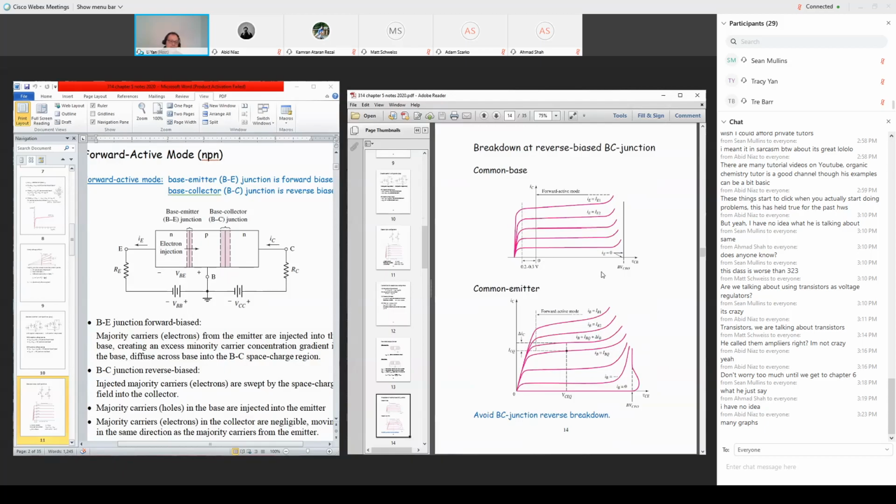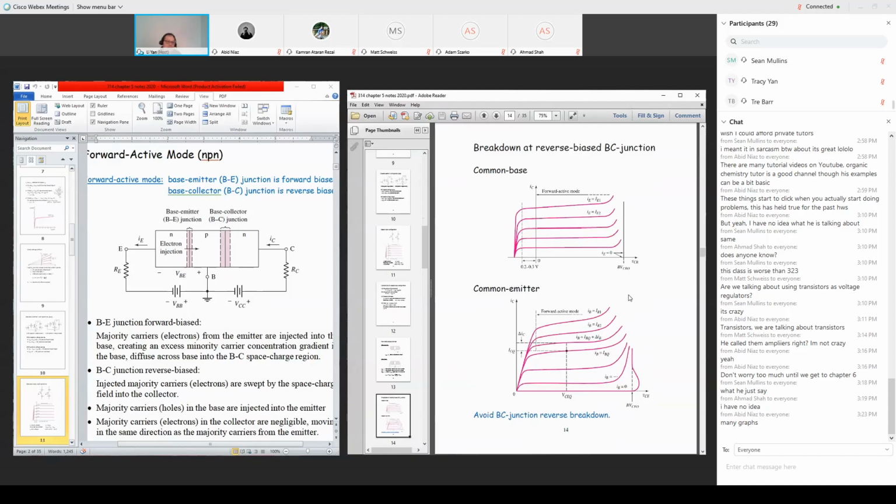You increase VCC along the horizontal axis, you go further, but boom, at some point you hit reverse breakdown at the BC junction, and then this current just shoots up. That's not good; you don't want to run into this situation.